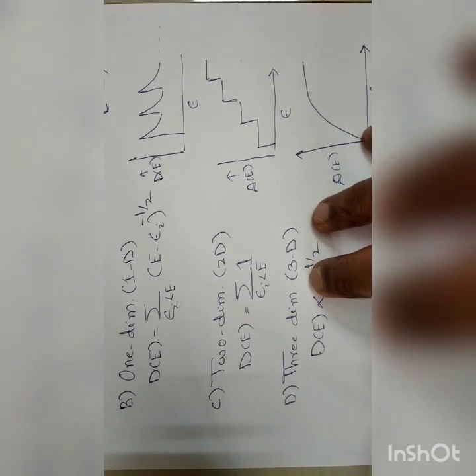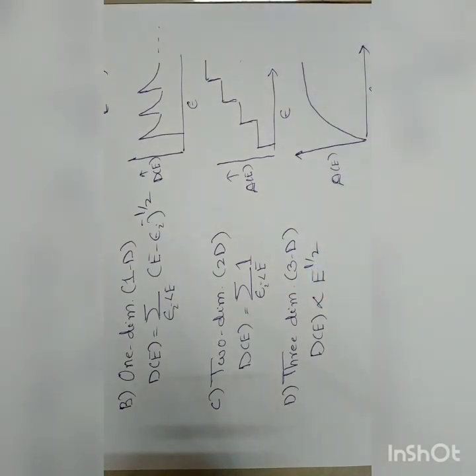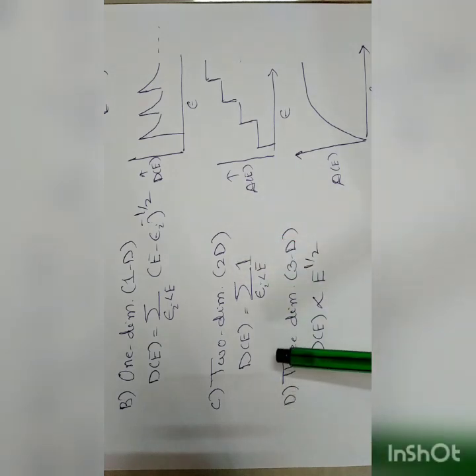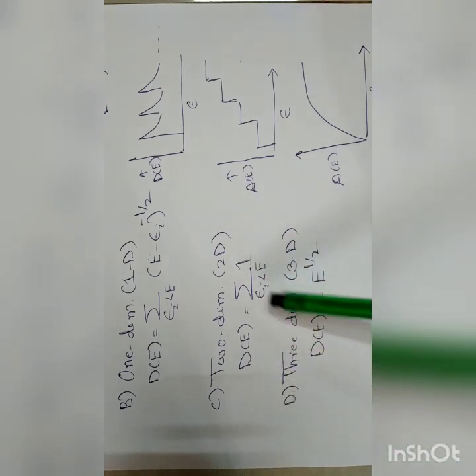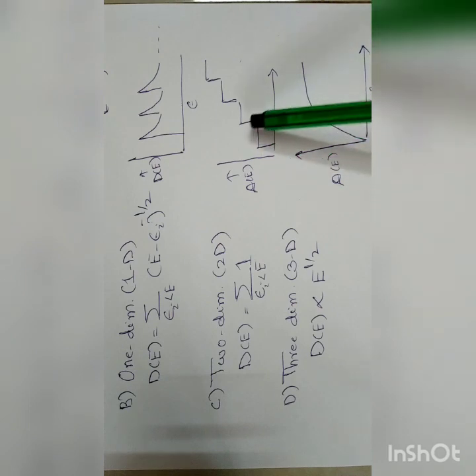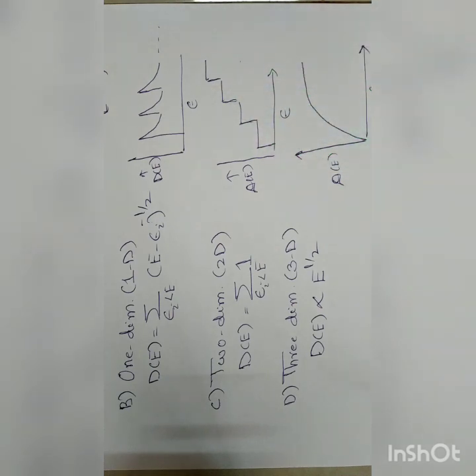Then we have the cases of two dimensions and three dimensions. Two dimensions we write as 2D. The density of states can be obtained as the sum over Ei less than E, equal to 1. If you convert that to a graph, D of E as a function of E, what you get is a staircase-like function. There is a change in the density of states.